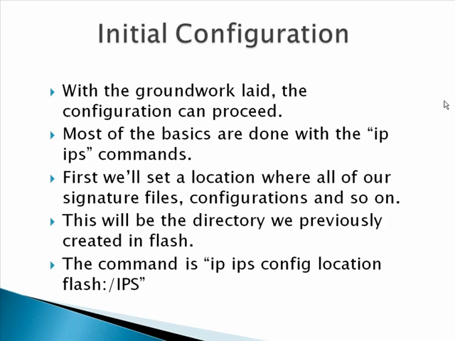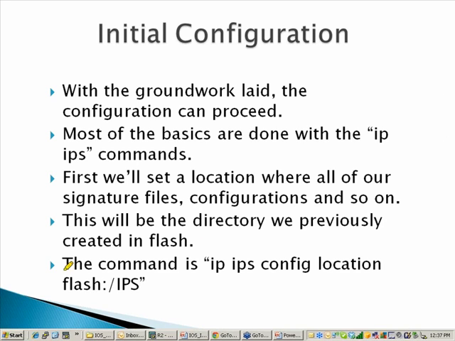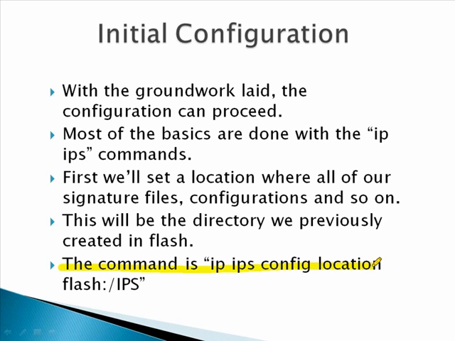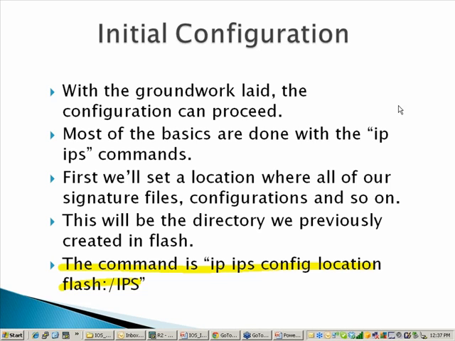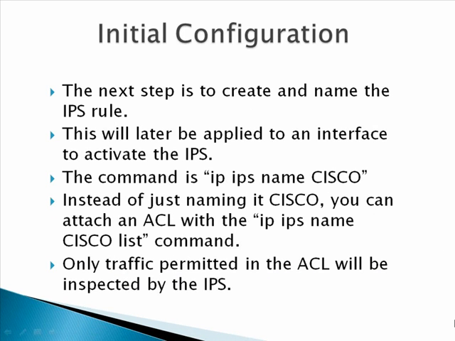And that is set with this command down here, IPS config location, and then the URL where that directory is, in this case, Flash IPS. So what we did there was set up where all of our configuration files and everything will be stored.